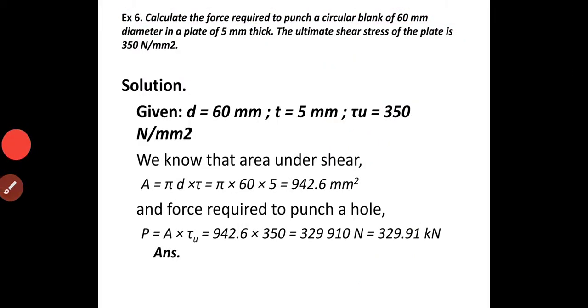Let us work out an example. Calculate the force required to punch a circular blank of 60 mm diameter in a plate of 5 mm thick. The ultimate shear stress of the plate is 350 Newton per millimeter square.